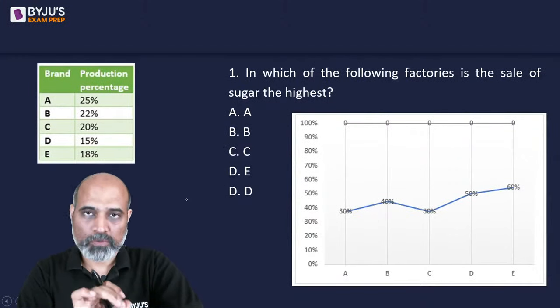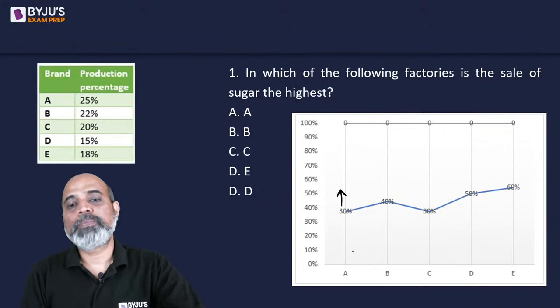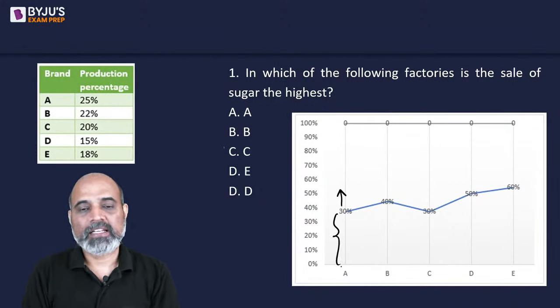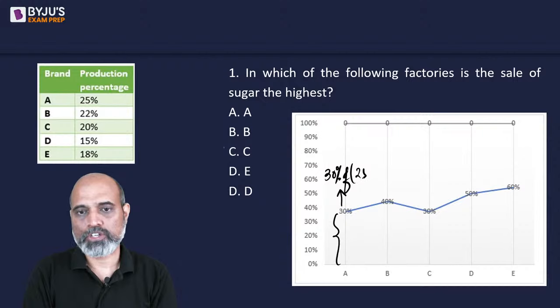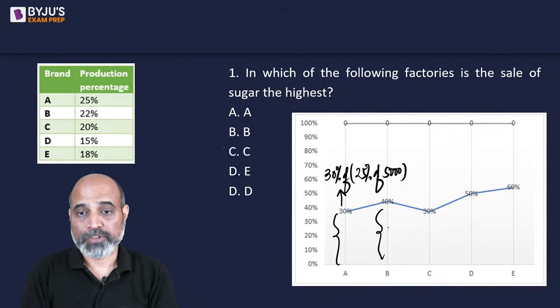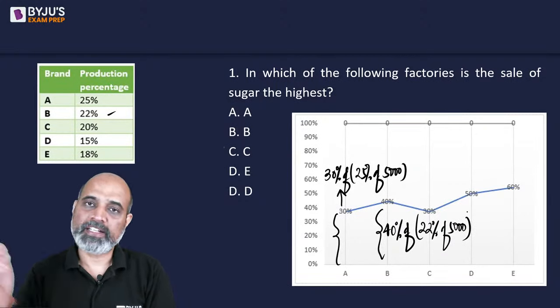If I want to calculate the total sale of factory A, can I say it's going to be 30% of the production of factory A, and the production of factory A is 25% of 5000? If I ask you the total sales of factory B, we will say 40% of the total production, which is 22% of 5000, and so on and so forth for C, D, E.